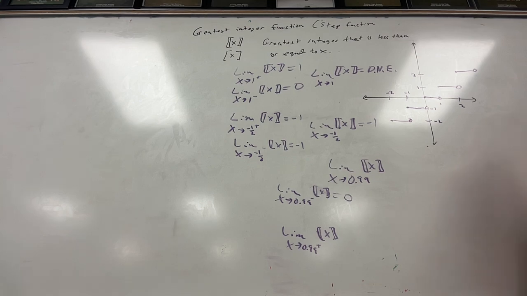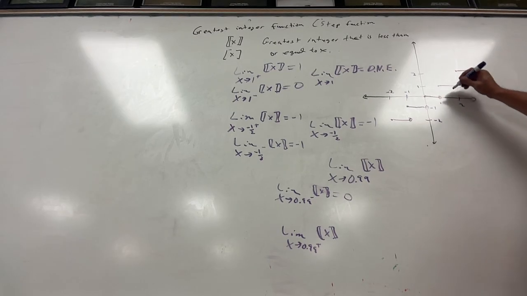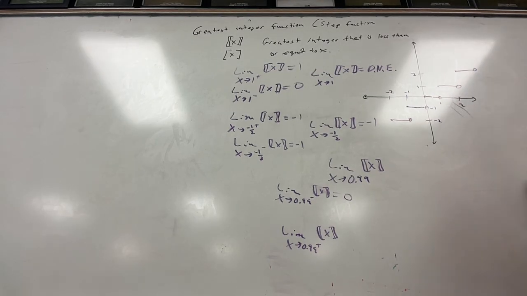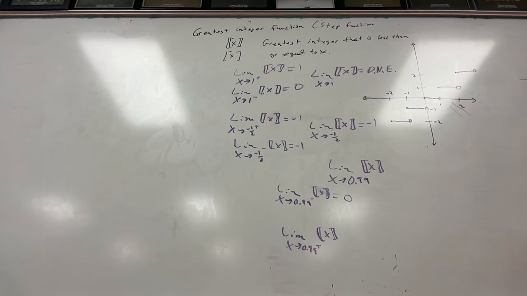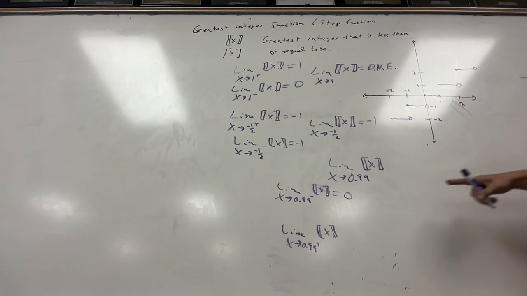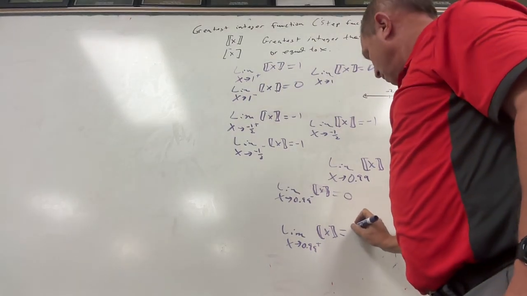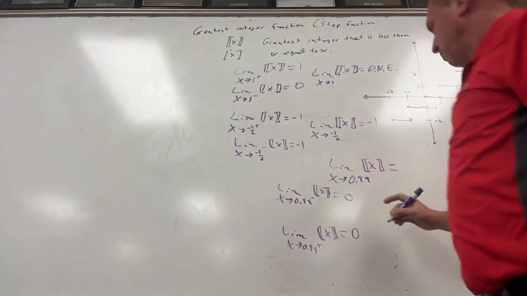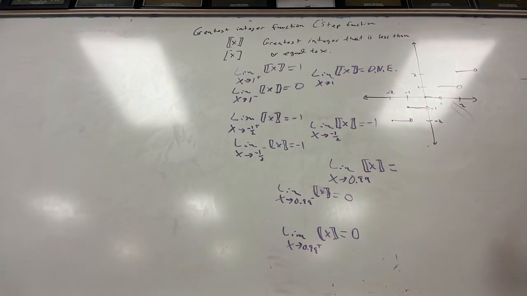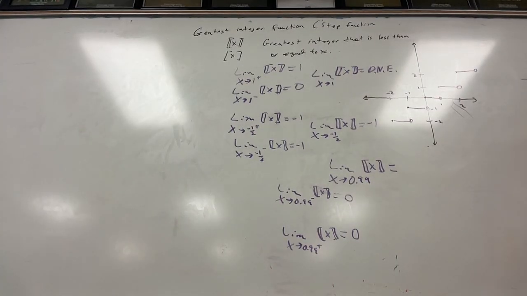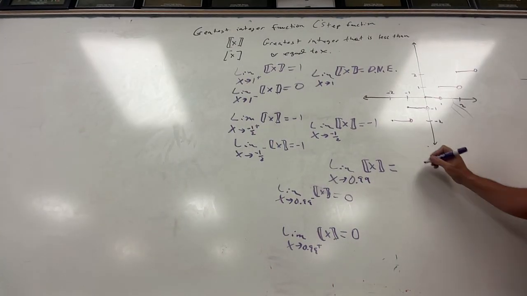I'm sure. If I put a magnifying glass up here, there's still a lot of room between 0.99 and 1 where it makes the jump. So for that very reason, the limit as x approaches 0.99 of the greatest integer of x is 0.